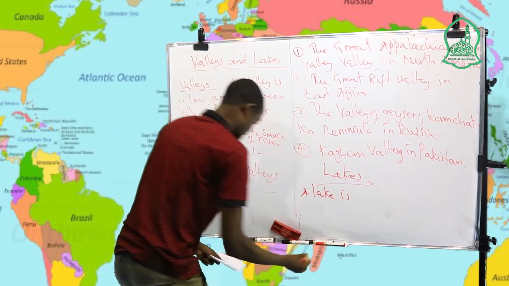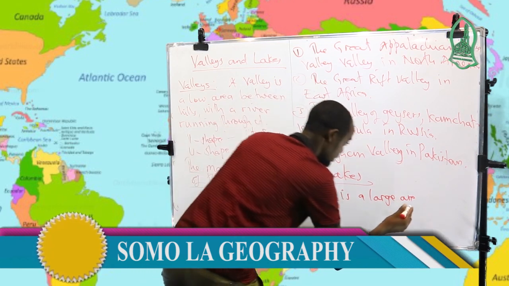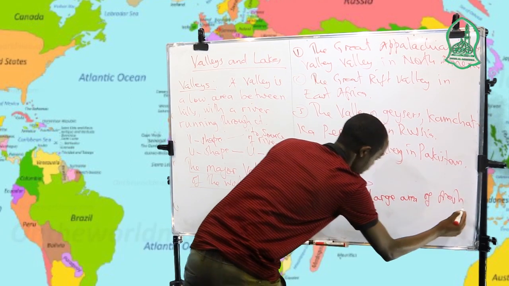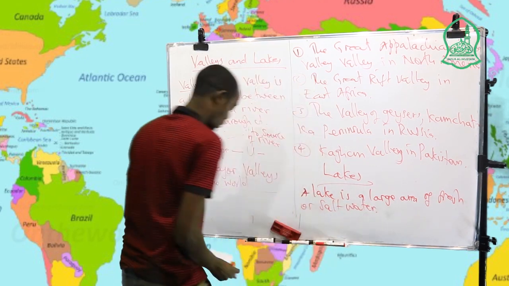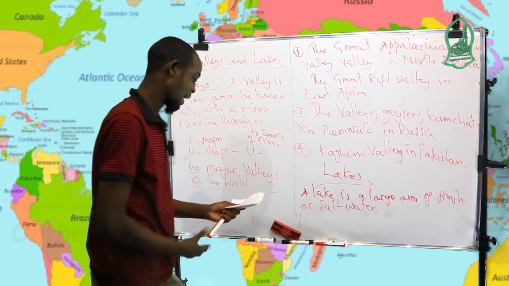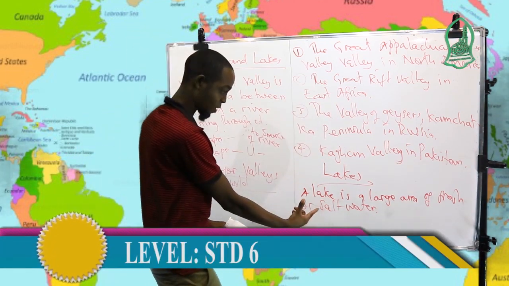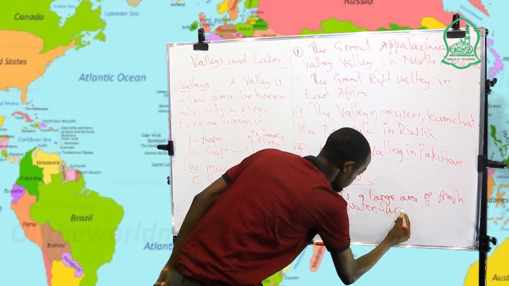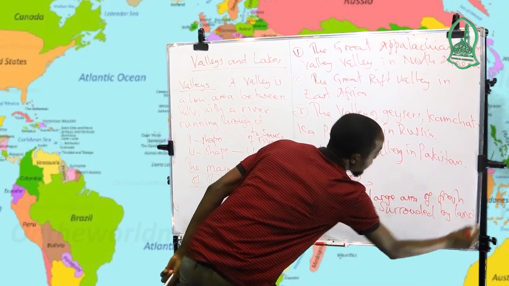A lake is a large area of fresh or sometimes salty water, surrounded by land.